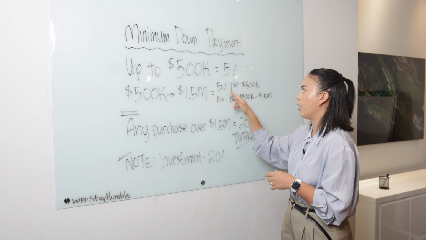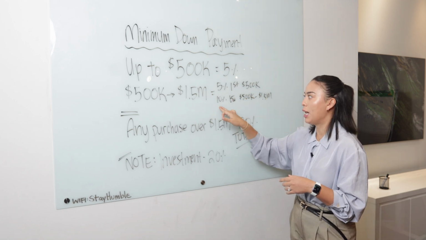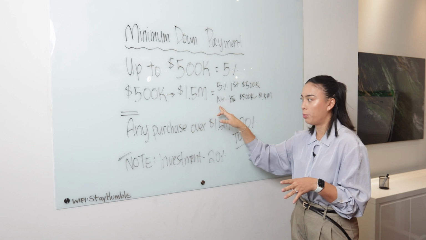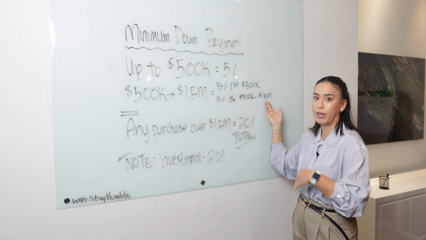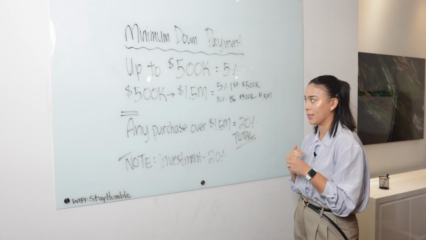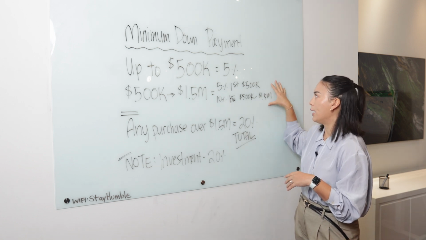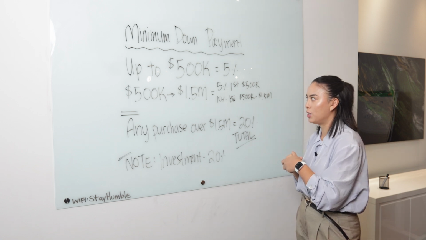So it's 5% on the first $500,000 of your purchase price, and then 10% for any portion of your purchase price between the amount of, again, $500,000 to $1.5 million after December 15th, but prior to that, the $1 million mark is the cap. So I will be going into a calculation of this later just to kind of break it down and have it make more sense to you.